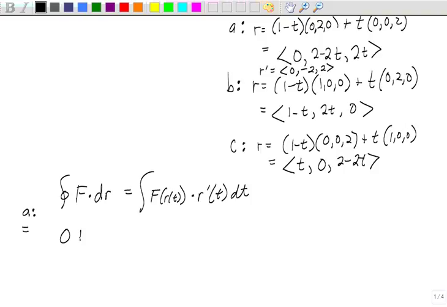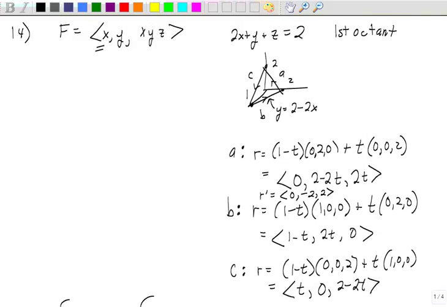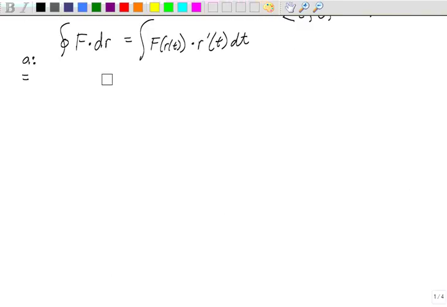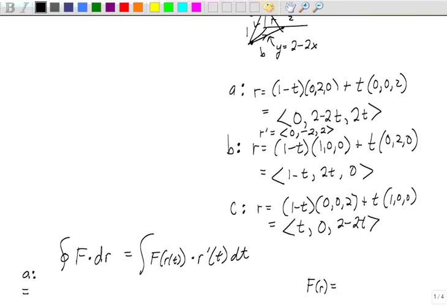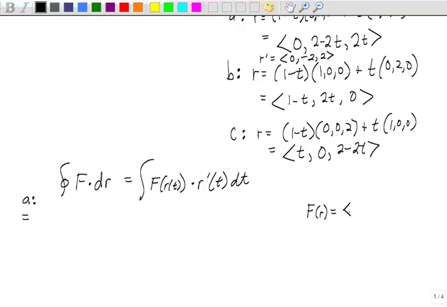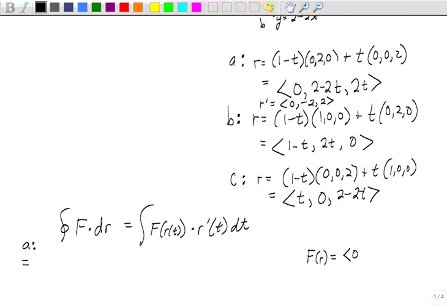So 0 dotted with 0 plus... for A, f of r is 0, y, x, y, z. And I'm going to dot that with this right here. So I'm going to dot these two, and I get minus 4 plus 4t.